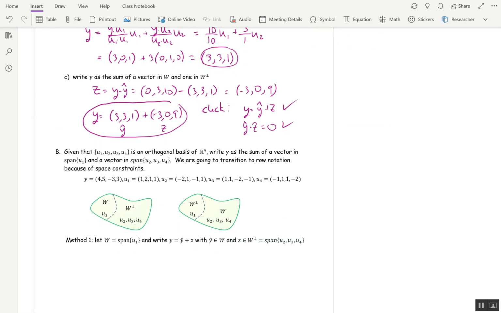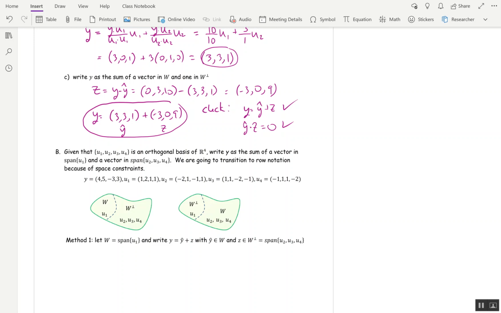Okay, here's a problem where W could be spanned by 3 vectors or 1 vector, depending on how you want to look at it. So we've got 4 vectors here, and those vectors form an orthogonal basis of R4. Write Y as the sum of a vector in the span of U1 and a vector in the span of U2 through U4.